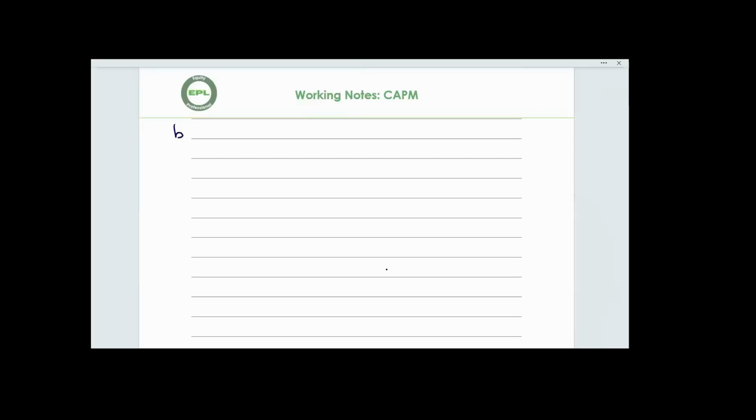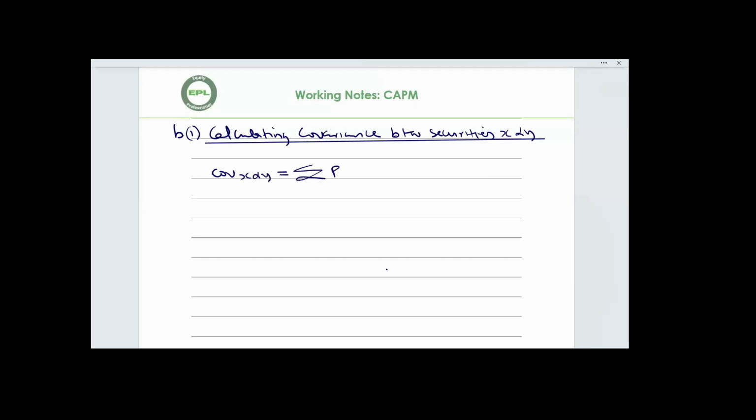So number B, Roman figure 1, calculating covariance between securities X and Y. Covariance between X and Y is computed as the summation of probability multiplied by X minus X bar multiplied by Y minus Y bar.